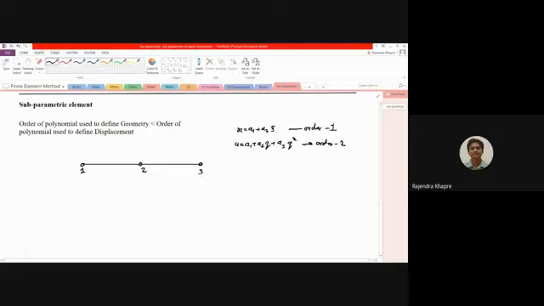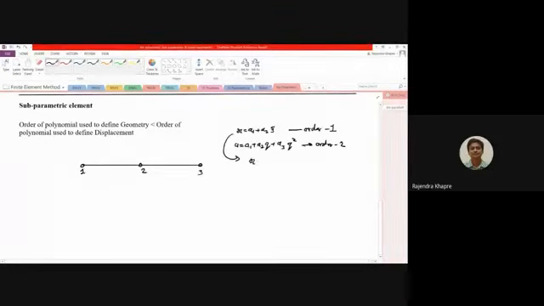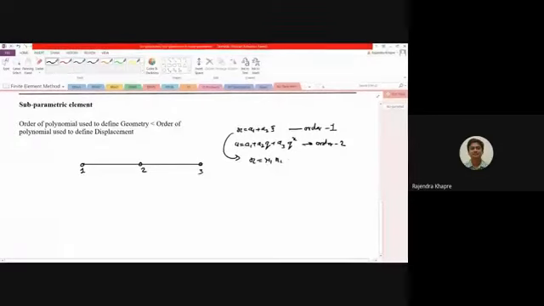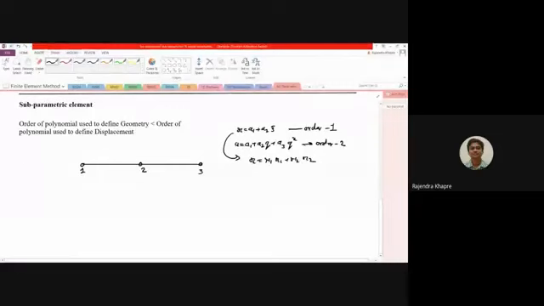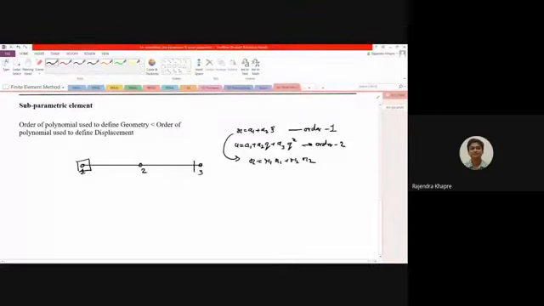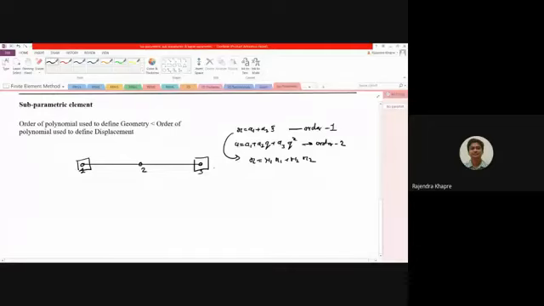Now, x will be N1 x1 plus N2 x2. We are using only first order, which means we are not using the center node to define the geometry. We are using only the nodes at the ends.